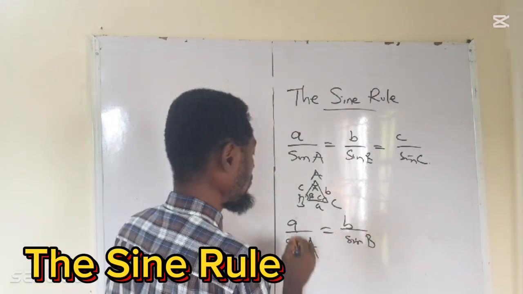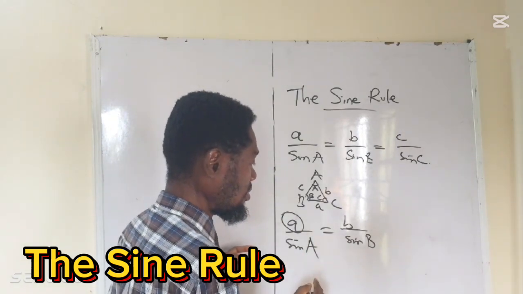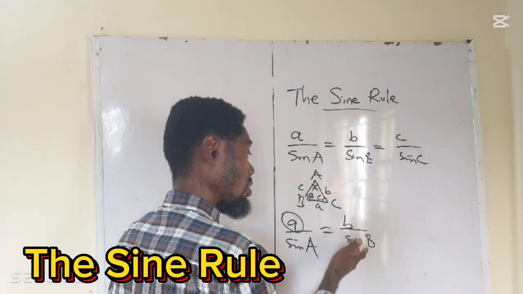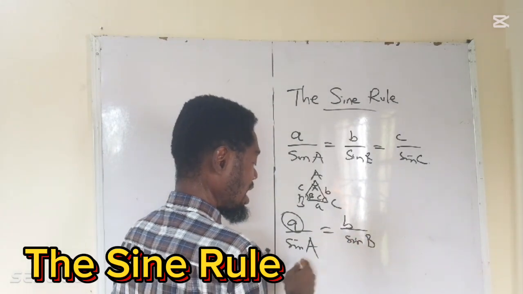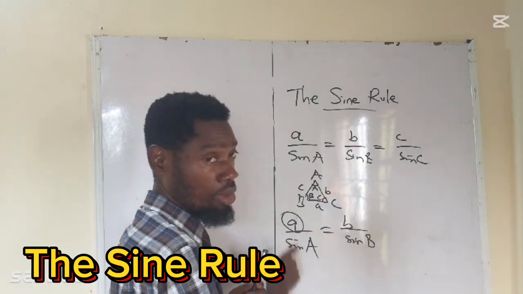Say we are asked to find the side small a. After you know what your b is, your angle B, and your angle A, all you need to do is cross multiply.